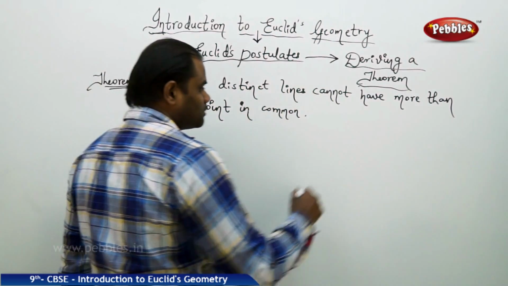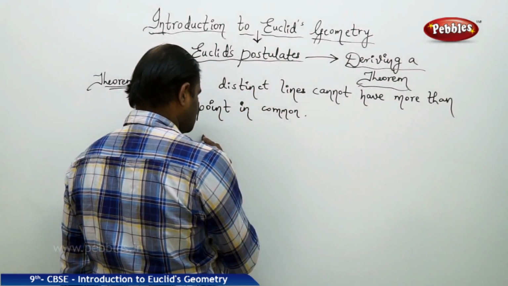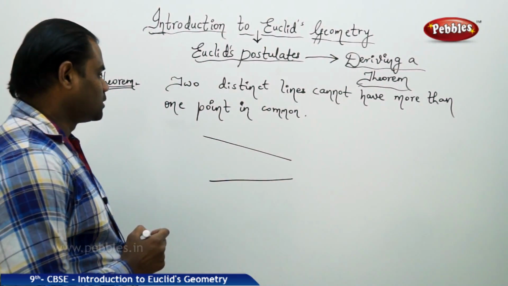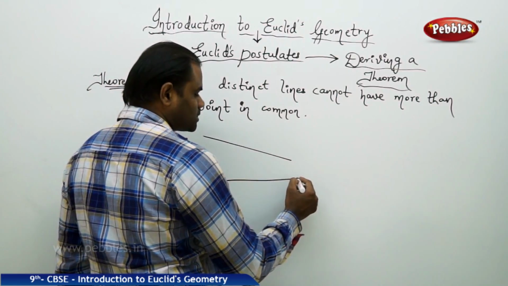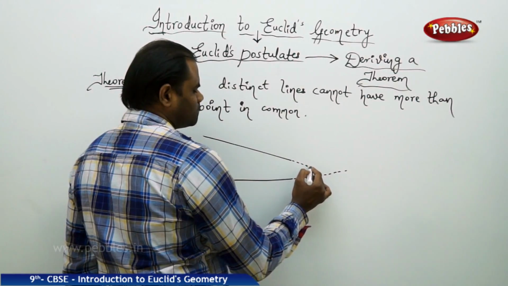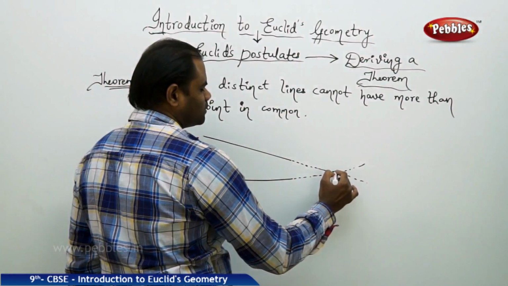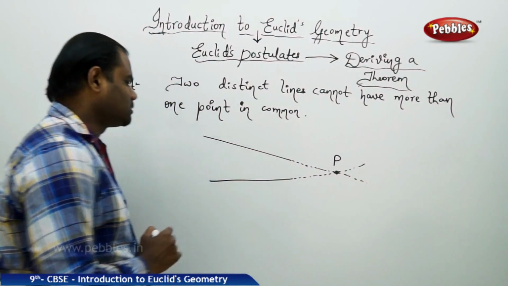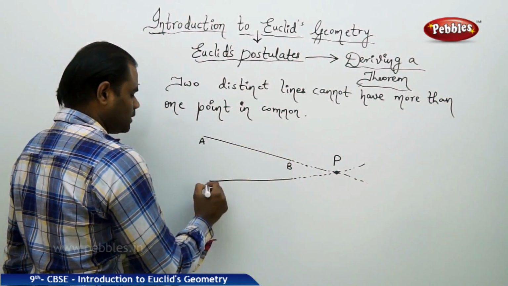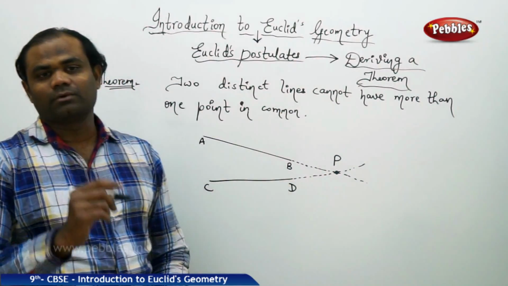That is, the theorem says if I take two distinct lines which are not the same, then when they are extended, obviously they have to meet at 1 point. So here, when these lines AB and CD are extended, then these lines meet at 1 point.